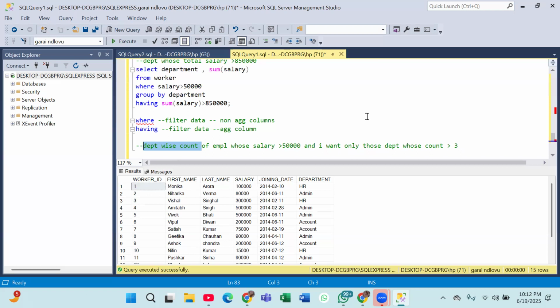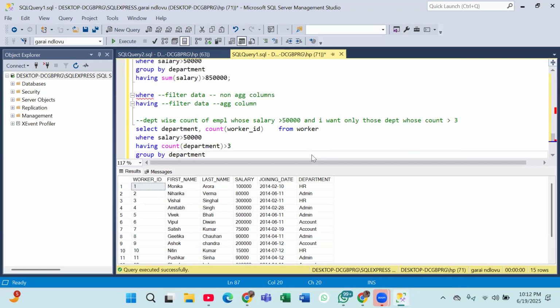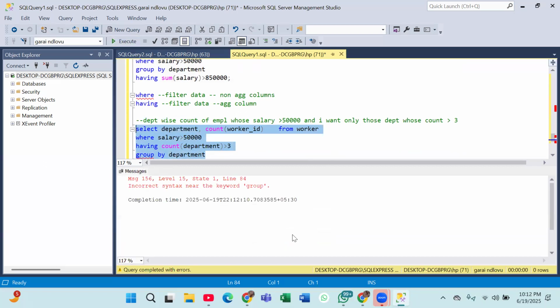It works? No, it will not work. How will it work? Let me show you. Here you can see how it will work. I'll tell you about order of execution as well.